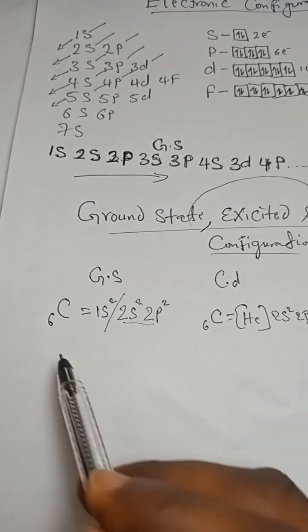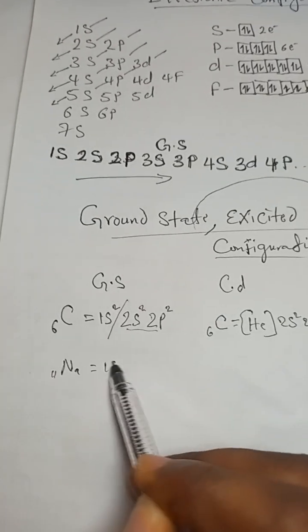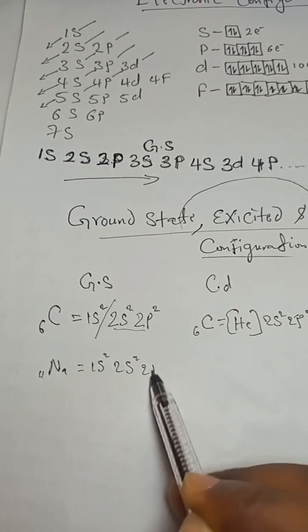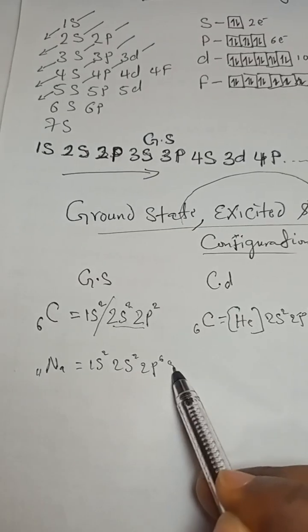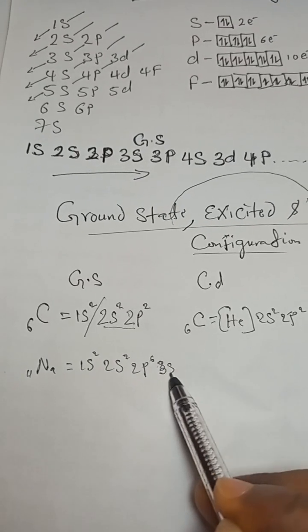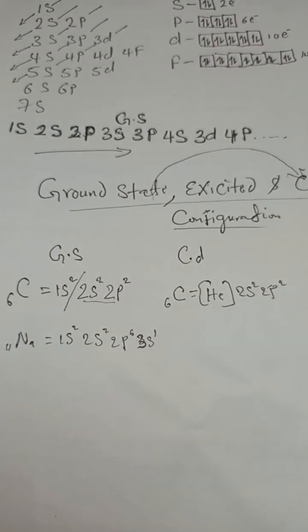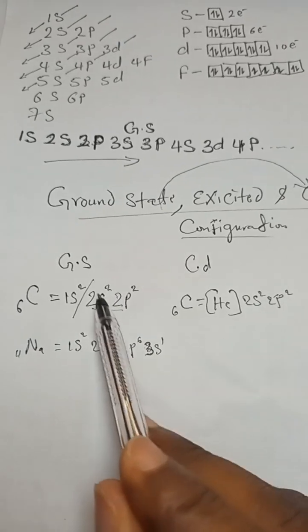Let's take another example, sodium. Sodium 11 is 1s2, 2s2, 2p6, which is 10, so it still remains 1, which is 3s1. We cut from the last s. The last s here is 2s2, so we cut from there.